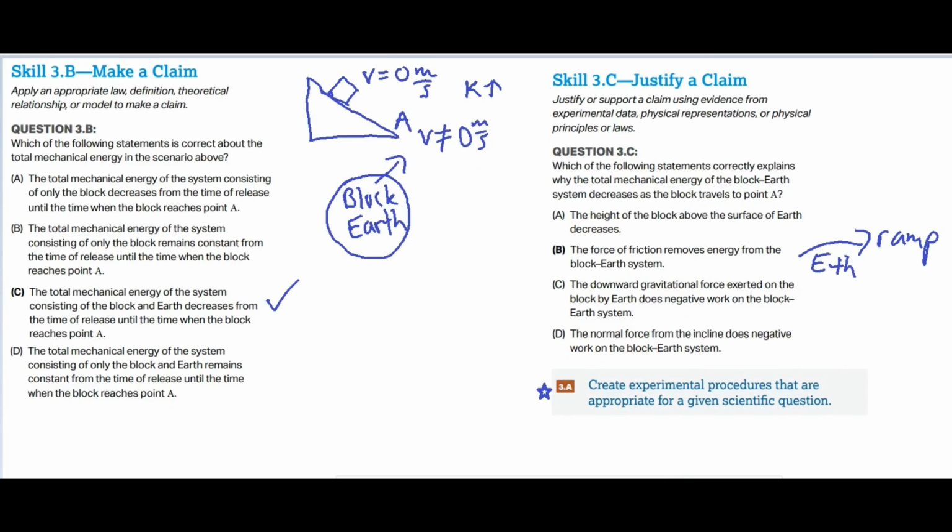So the gravitational force does actually increase the kinetic energy, so that would actually be positive work. And then D, the normal force from the incline, does negative work on the block Earth system. The normal force single-handedly does not do that. The normal force has to be combined with the coefficient of friction, and that would be the actual force of friction, not just the normal force itself.